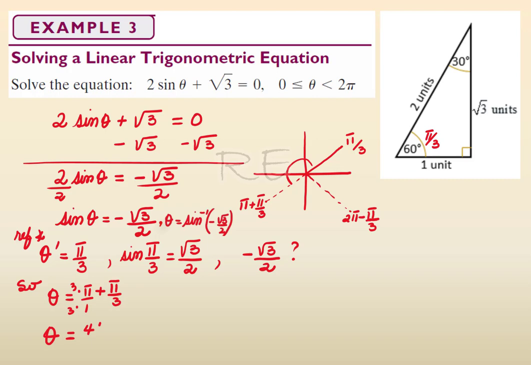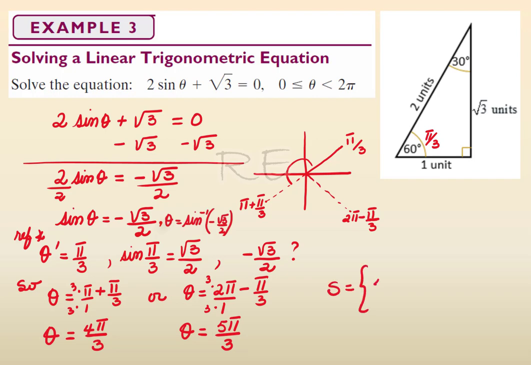Therefore, theta is equal to 4 pi over 3 if sine is located in the third quadrant, or theta is equal to 2 pi minus pi over 3. 2 pi over 1, we multiply numerator and denominator by 3. 6 pi minus pi, 5 pi over 3. So the solution set in the interval 0 to 2 pi will be 4 pi over 3 and 5 pi over 3.